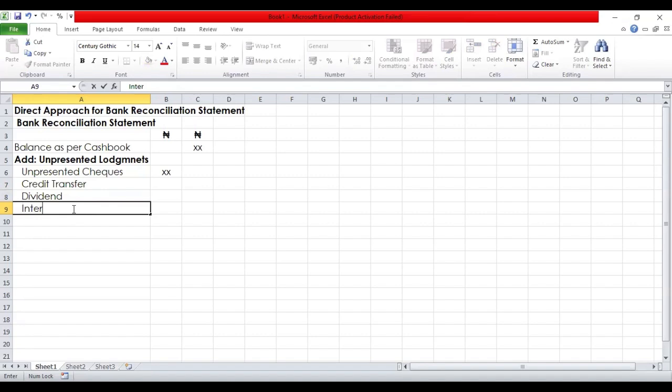We have interest received. We have balance check.